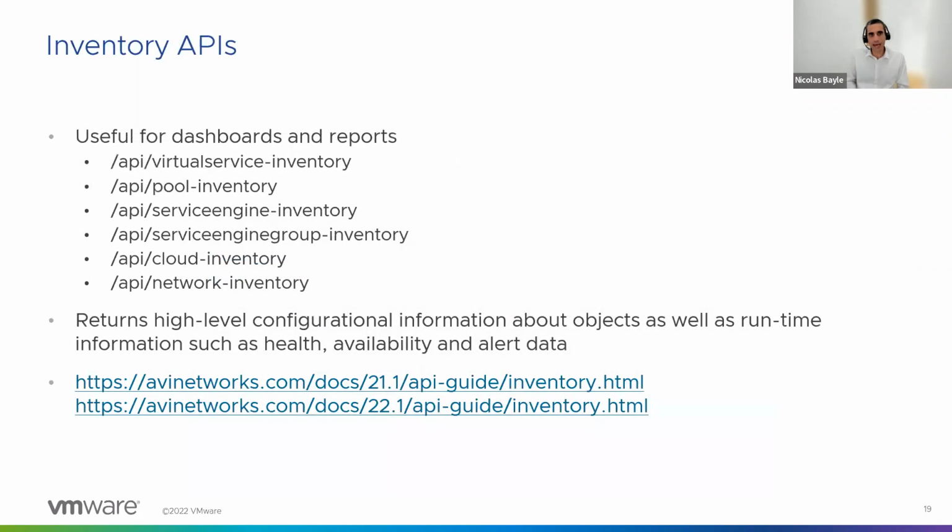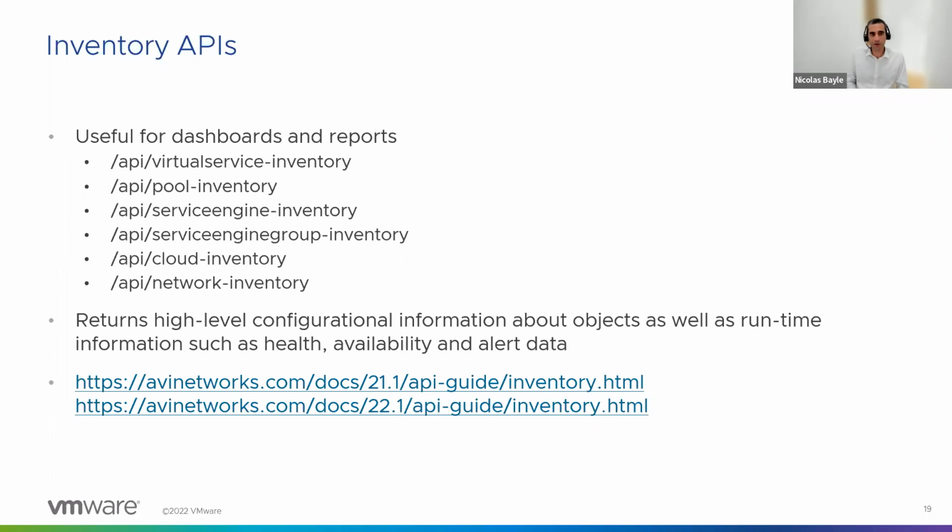We have some API endpoints for inventory. That's quite useful because if you want to create some dashboards and reports, and I think one of the questions before was related to this, how I can see, for instance, all my virtual services, how I can create some reports.